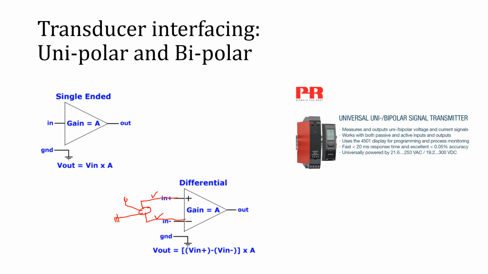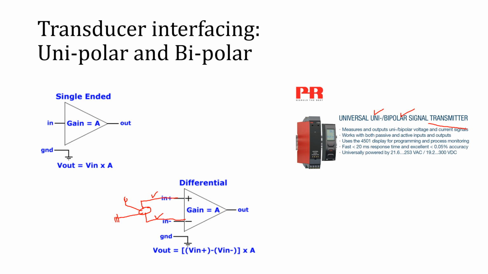Now in the market we have such kinds of transmitters rather than transducers. In the market they are also known as transmitters. The reason for the name, I will tell you later, but first let's discuss unipolar and bipolar. So there is one company which provides different transmitters to be connected in the line, either in a unipolar configuration or in the bipolar configuration.